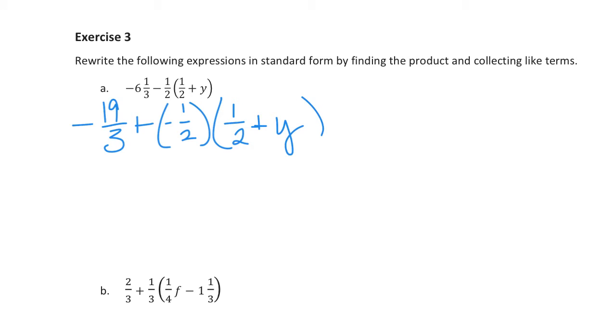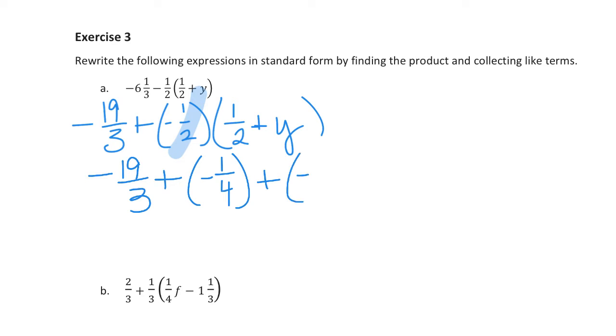So now I'm going to multiply negative 1/2 through applying my distributive property. So negative 19/3 plus, I have negative 1/2 times a positive 1/2, and so I get negative 1/4 plus negative 1/2 times y, so negative 1/2 y.